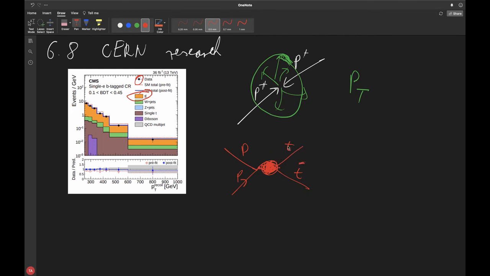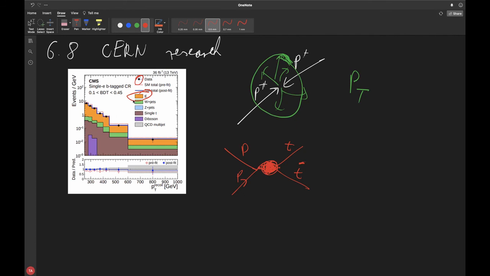So how many top anti-top quarks do we expect if this transverse momentum is around 300 GeV? Well, we expect, you see, it's from 1 to 10, so 9 events. We expect 9 events.